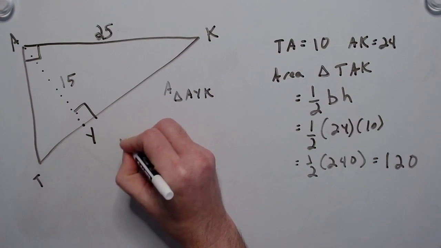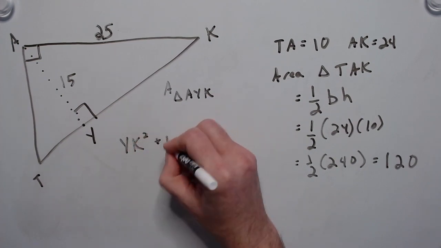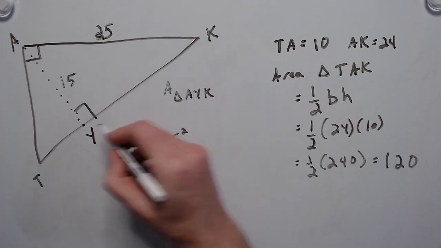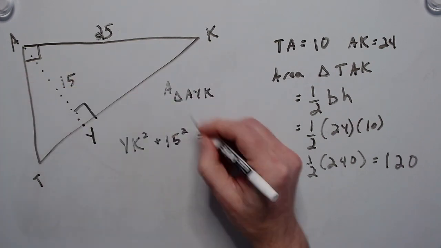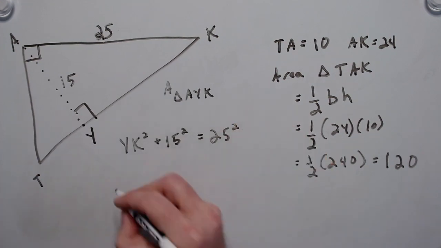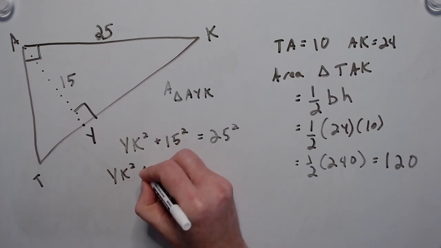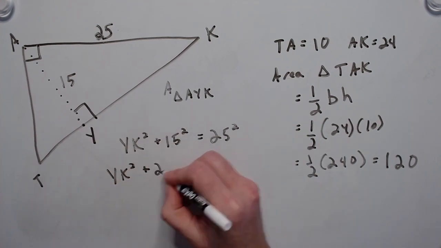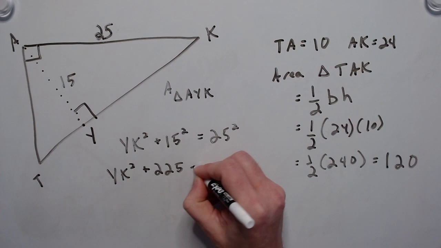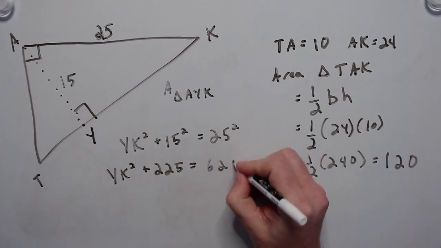So YK squared plus 15 squared, this other side, is going to equal the hypotenuse squared, 25 squared. So YK squared plus 225 is equal to 625.